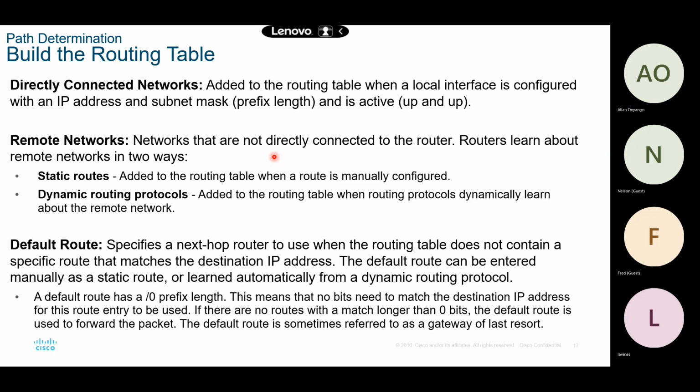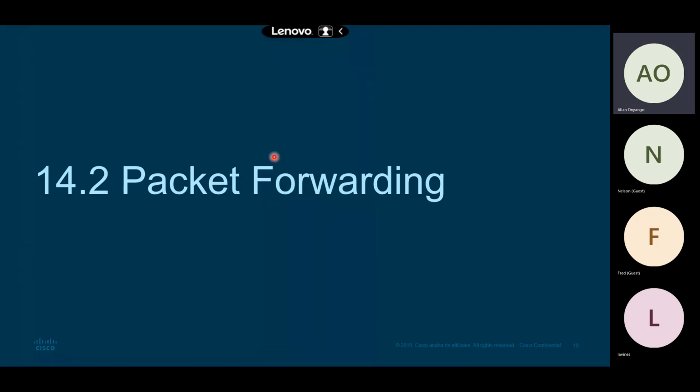So if you can't store all the remote networks in your router, you can configure a universal route, a route that can be used to reach all the remote networks which will not be stored in the routing table. And we call this a default route, default static route.